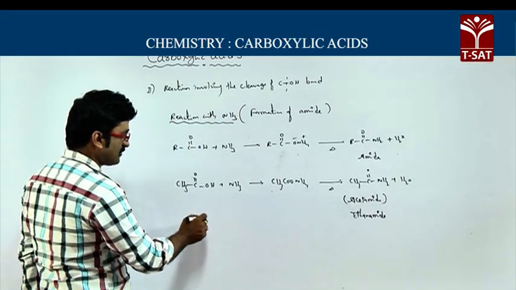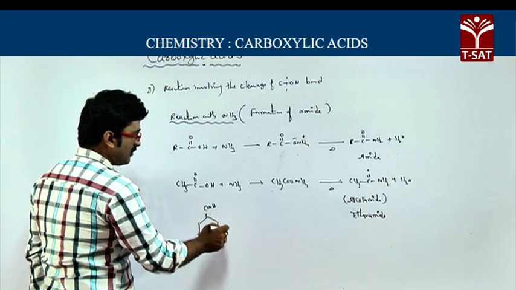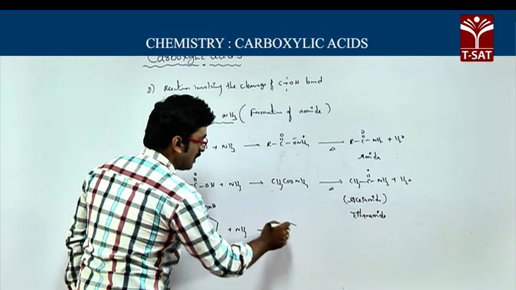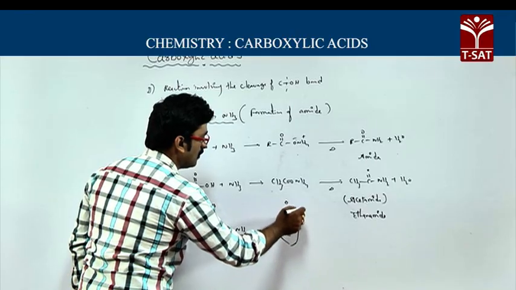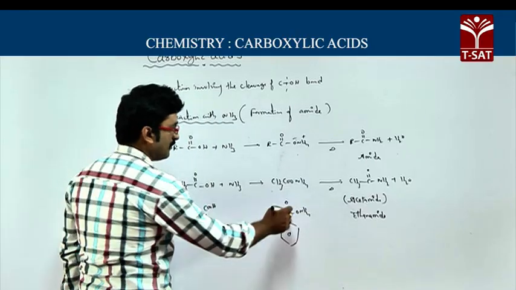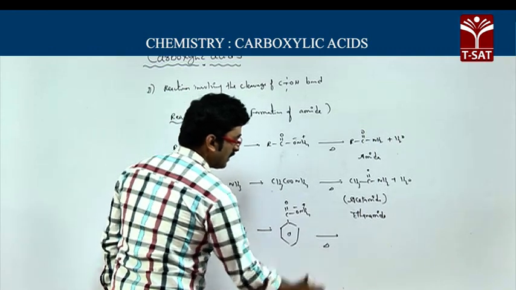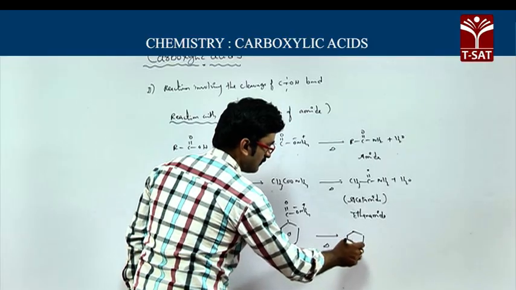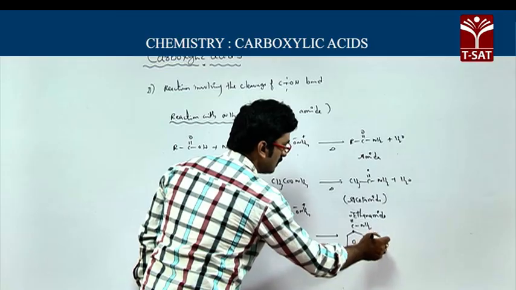And very important is when benzoic acid reacts with ammonia, you will get ammonium benzoate, C double bond O minus NH4 plus. This ammonium benzoate on further heating gives C double bond O NH2 plus H2O.